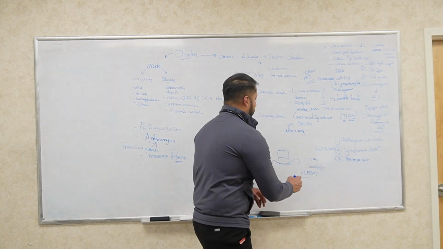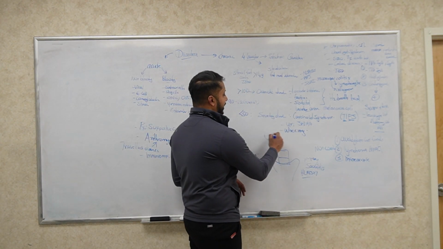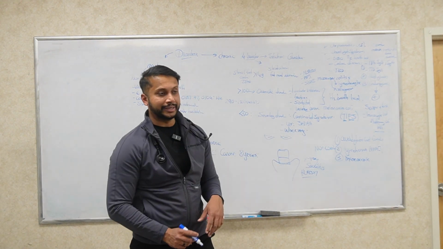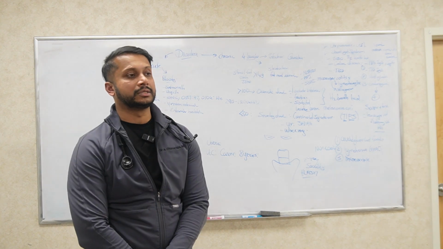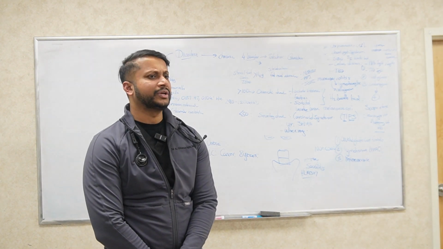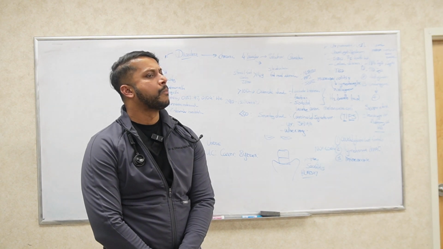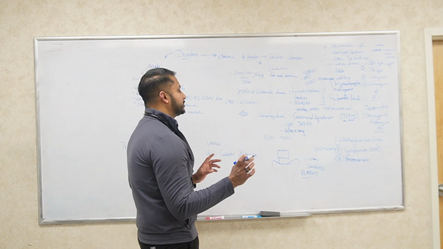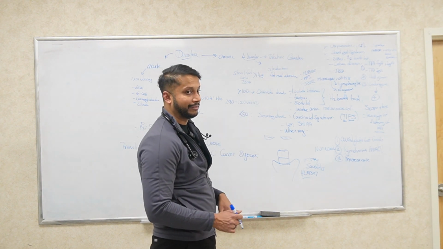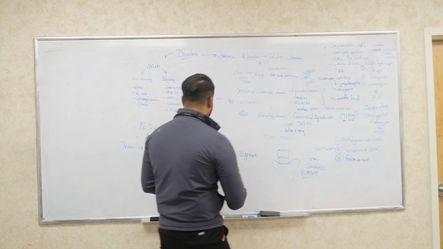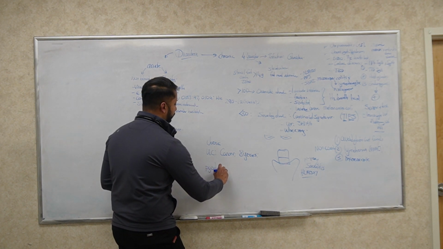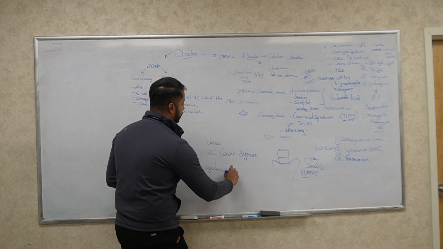Good. Apart from that, you can also have eye symptoms, right? With ankylosing spondylitis, what do you get? Anterior uveitis. What else do you get with ankylosing spondylitis? Episcleritis, anterior uveitis. What else? Pyoderma gangrenosum is not ankylosing spondylitis, but is seen with inflammatory bowel disease. You're going to get a skin lesion that you need to know about, which is pyoderma gangrenosum.